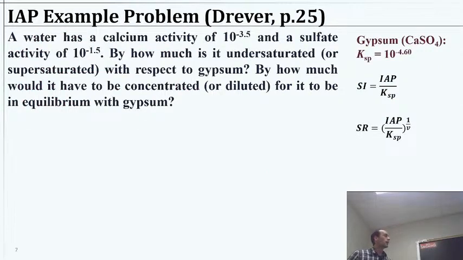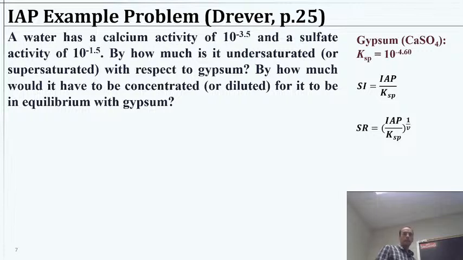So take a minute and look at this problem. I'll read it and give you a couple minutes to think about it. It's a very simple calculation to make and then thinking about it from there. So we have a water that has a calcium activity of 10 to the minus 3.5 and a sulfate activity of 10 to the minus 1.5.